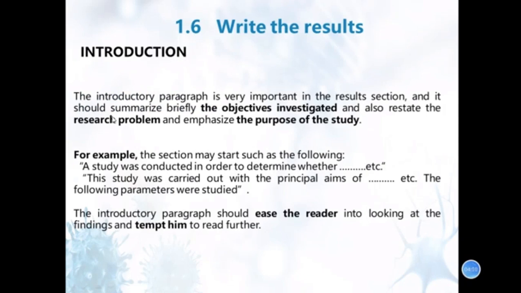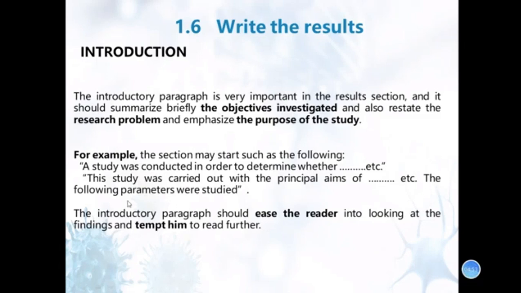In the introduction of the results, the introductory paragraph is very important in the results section. It should summarize briefly the objectives investigated and also restate the research problem and emphasize the purpose of the study. For example, the section may start like the following: the study was conducted in order to determine whether, etc. Also, you can present it like this: this study was carried out with the principal aims of.